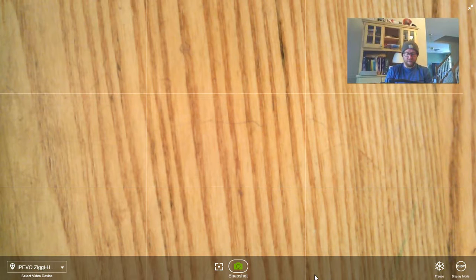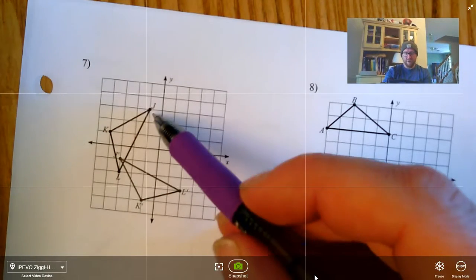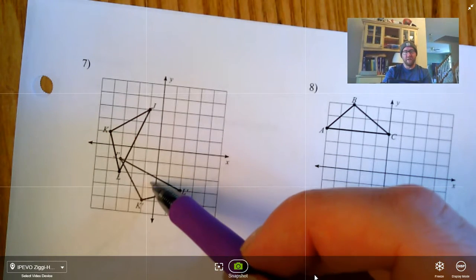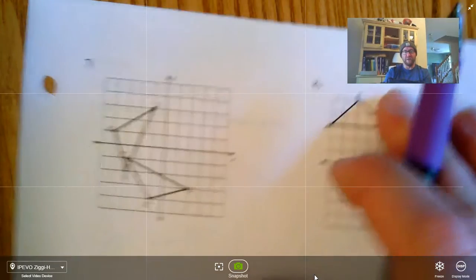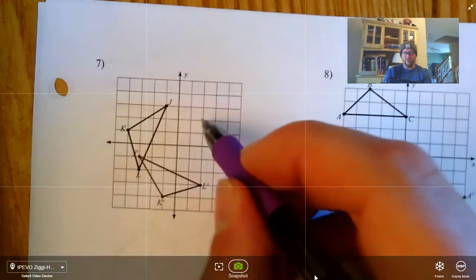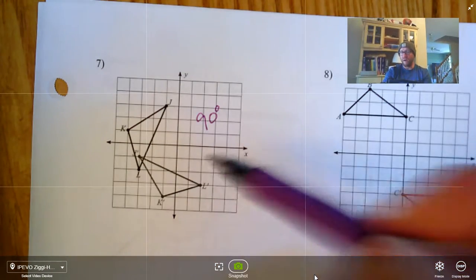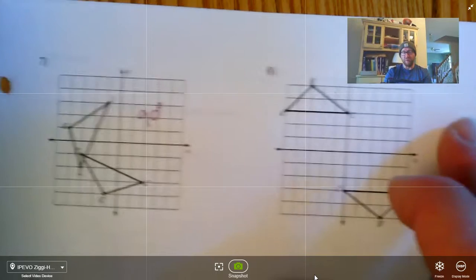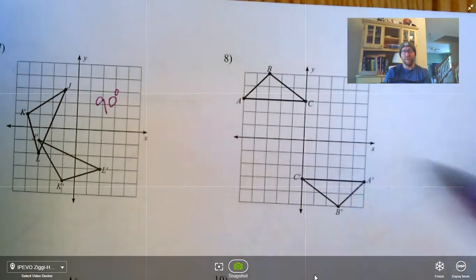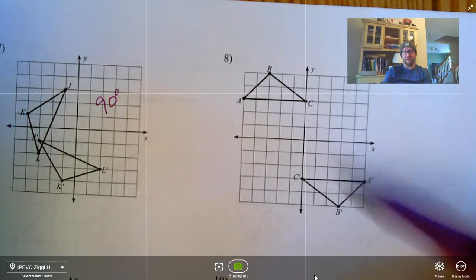Let's see. What else we got here? Okay. Here's our original, and here is our rotated figure. So you can see how it kind of moved 1 quadrant over, 90-degree, counterclockwise. But if we don't add the counterclockwise, we're just going to assume that. Here's the original. Here is the rotated figure.